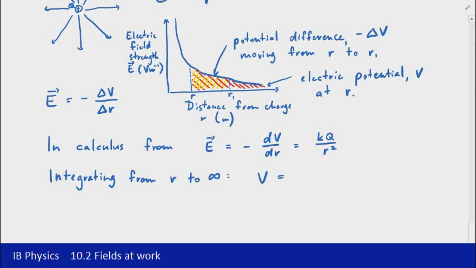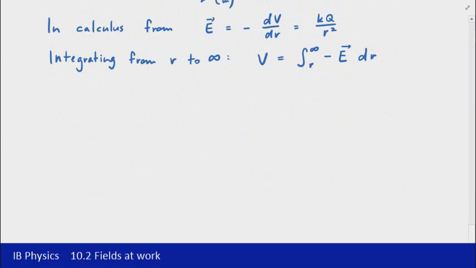So when we go through and integrate that, we would initially write it as integrating from r to infinity the expression of negative E, with respect to the variable r. As I said, these steps are not important for you to memorize, but I just want to draw your attention to the derivation of this next equation.